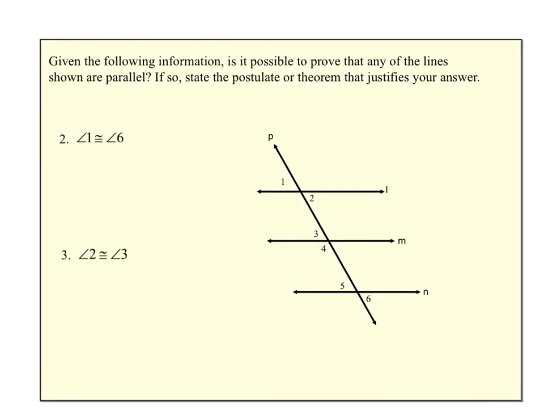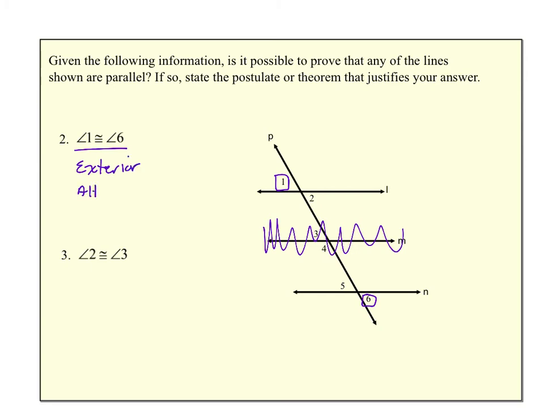So now let's look and see what we have here. So I have angle 1 and angle 6. Angle 1 is up here. Angle 6 is down here. So for the current moment, I ignore this middle stuff and look at where they're located. 1 and 6 appear to both be exterior, and they are alternate.